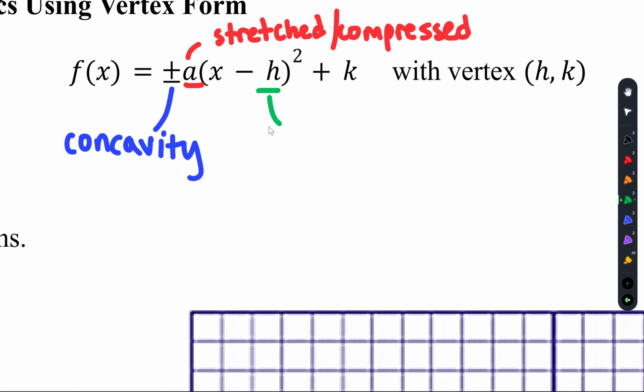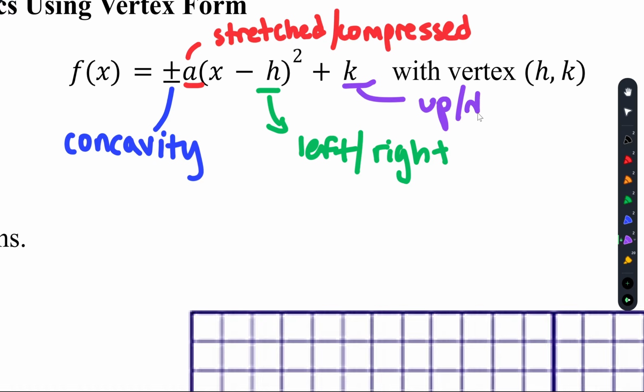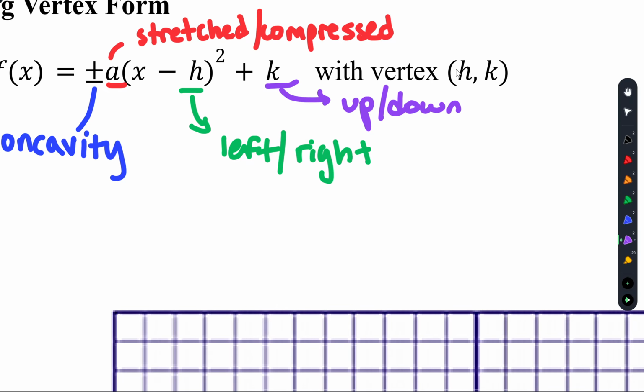Our H value is like our X value, which moves left and right. And our K value tells us how far up or down. So those are the 4 big parts that we're looking at here in vertex form.